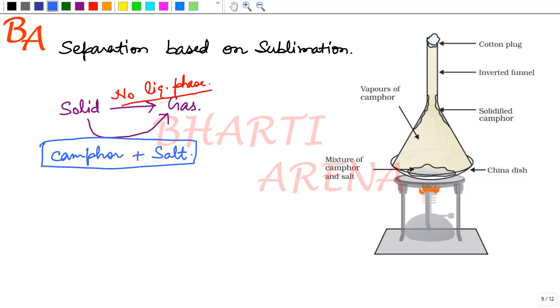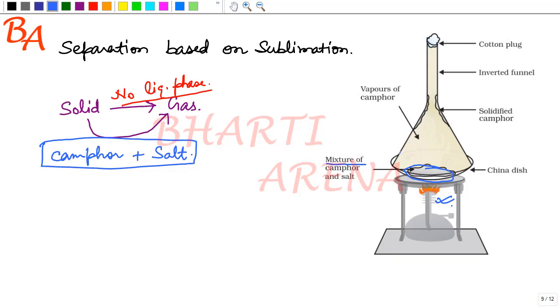In this technique the mixture of salt and camphor is kept here in a china dish, with a wire gauze, and this is the lamp by which it is heated.